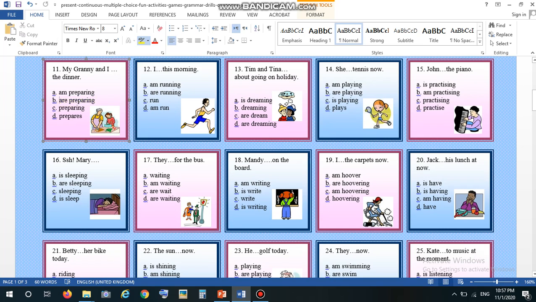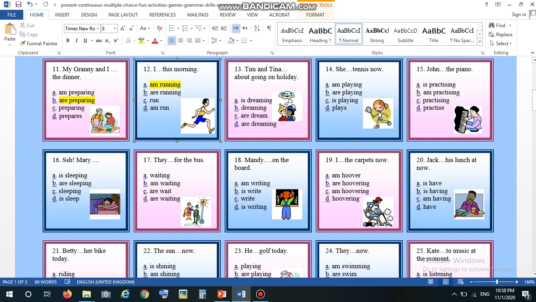Excellent. Okay, the next one. I this morning. Okay, that's a fixed plan. So I am running, I are running. I takes am, and running is the verb that we are using. So I am running.